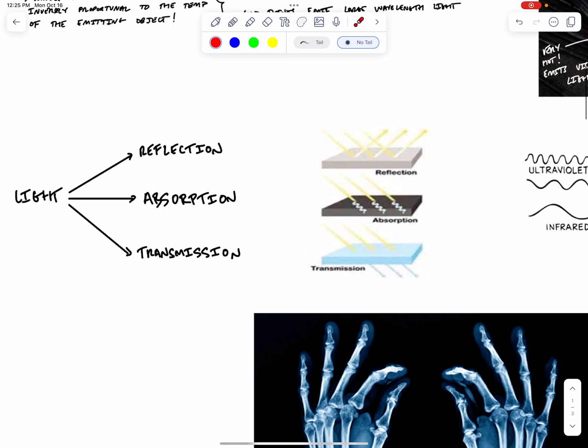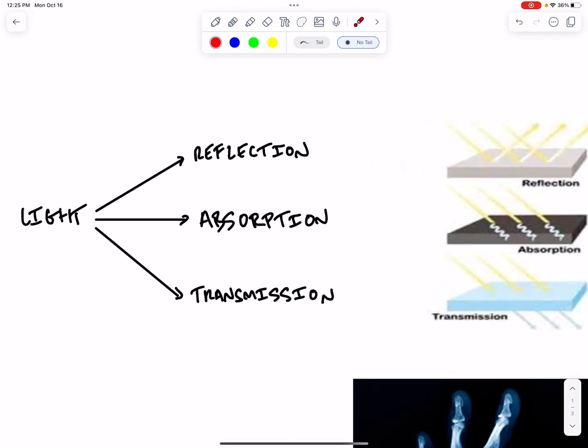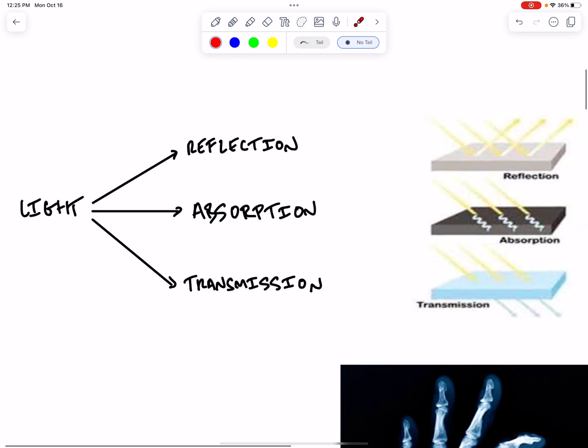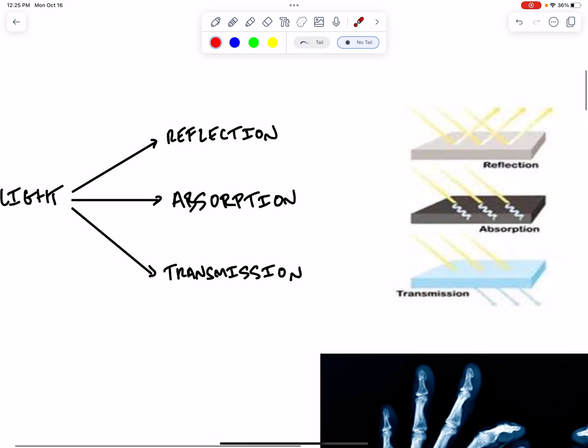Okay, the second big idea is that when light interacts with matter, three different things can happen. It can be reflected, so it can hit that matter and then bounce off. It can be absorbed by that matter, so it can hit the matter, and instead of bouncing off like it does when it's reflected, it is absorbed by the matter, and now that matter contains the energy of the light.